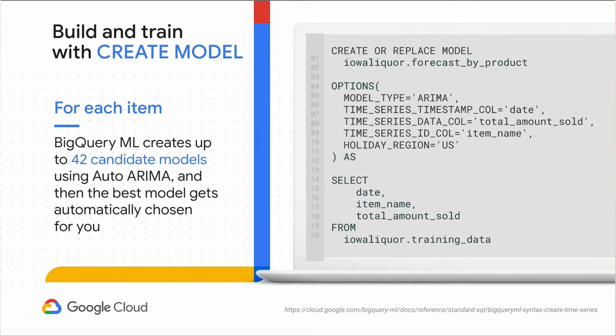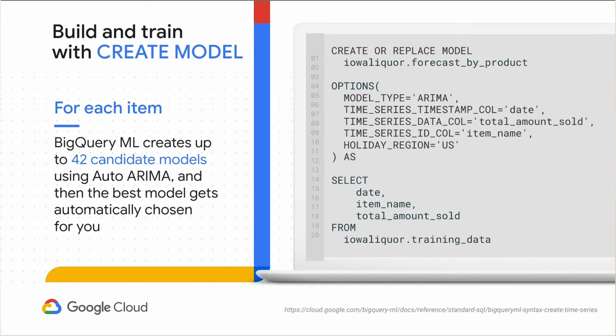So it's going to return to you the best model of these 42 candidate models, and it's automatically chosen for you. So suppose you have 1 million unique items. BigQuery ML in a single query could potentially create up to 42 million candidate models behind the scenes. But what you'll end up with is essentially 1 million models for your 1 million items, a one-to-one match, and you'll be getting essentially the best based off of AutoArima.